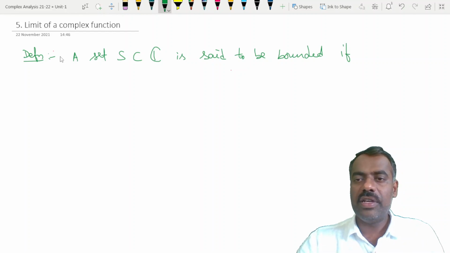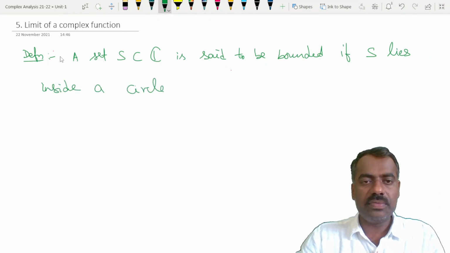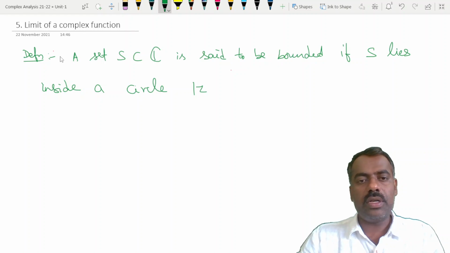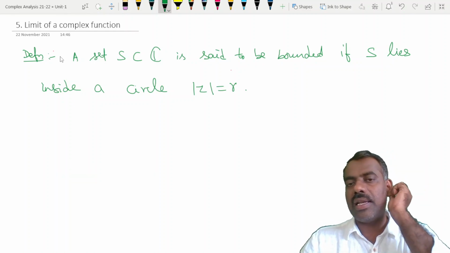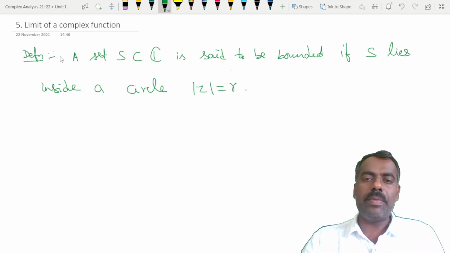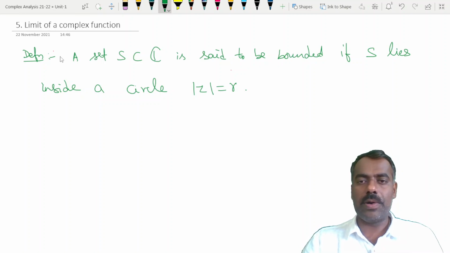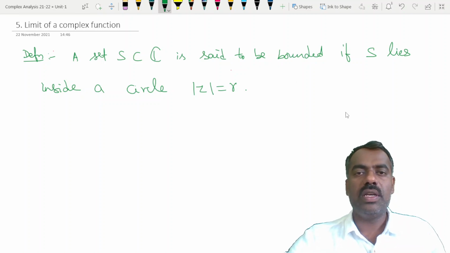That means S lies inside a circle, say mod Z equal to some R. You take a circle whose center is the origin 0 and some radius R. And if you can find such R, then we say that S is bounded. Is the definition clear?